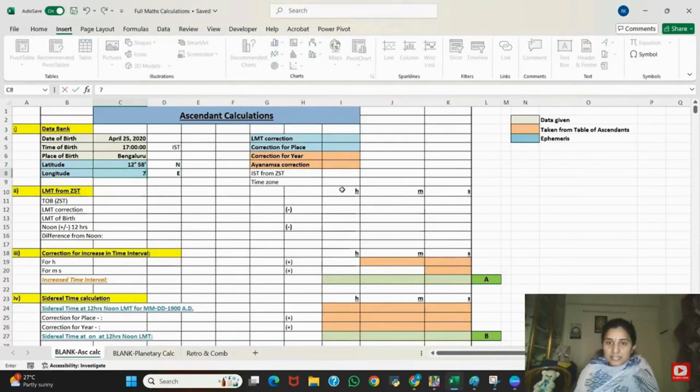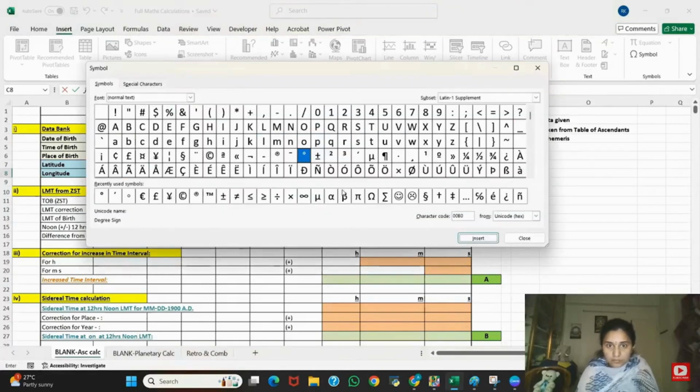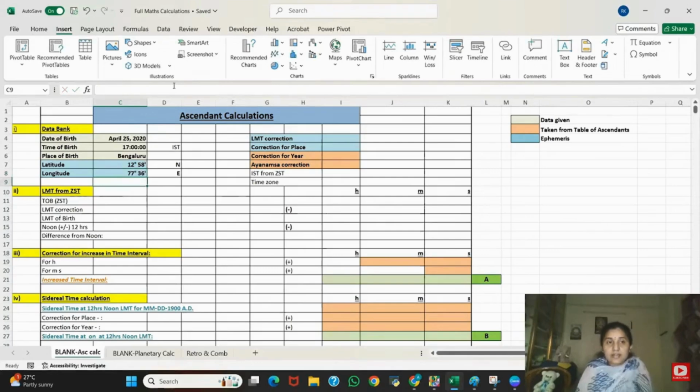Then 77 degrees 36 minutes. So this is the lat and long of Bengaluru: 12 degrees 58 minutes north and 77 degrees 36 minutes east is the longitude. After noting these 2 steps, next we will proceed with the other details.